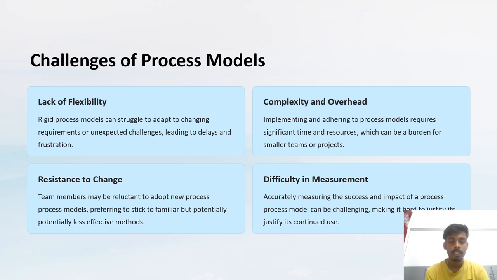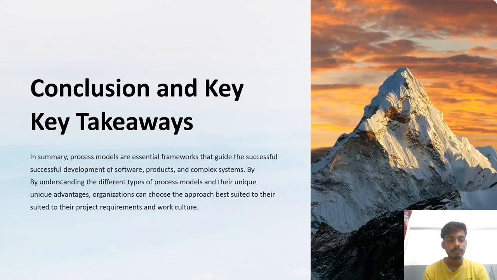Resistance to change. Team members may be reluctant to adopt new process models, preferring to stick to familiar but potentially less effective models. Complexity and overhead. Implementing and adhering to these process models requires significant time and resources, which can be a burden for smaller teams or smaller projects.